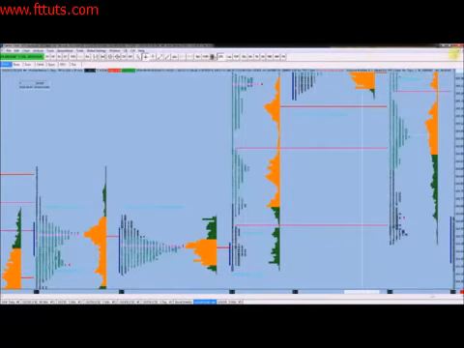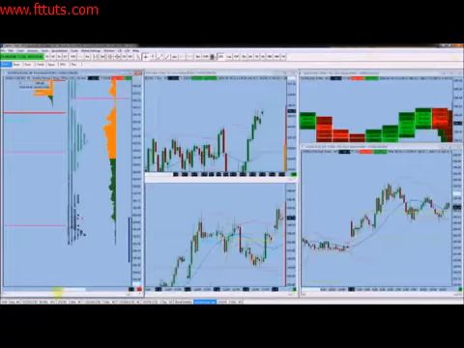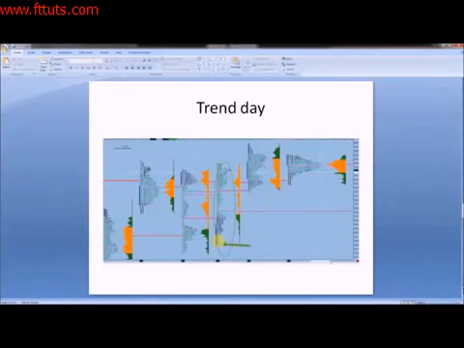So some of these markets do obviously change day type throughout, but in terms of this example, you would normally be expecting the open to be within a few ticks of the low, and the market just continually auctions higher and higher with very little overlap, very little pattern on the volume, very little pattern on the profile, and finish its day near its highs.